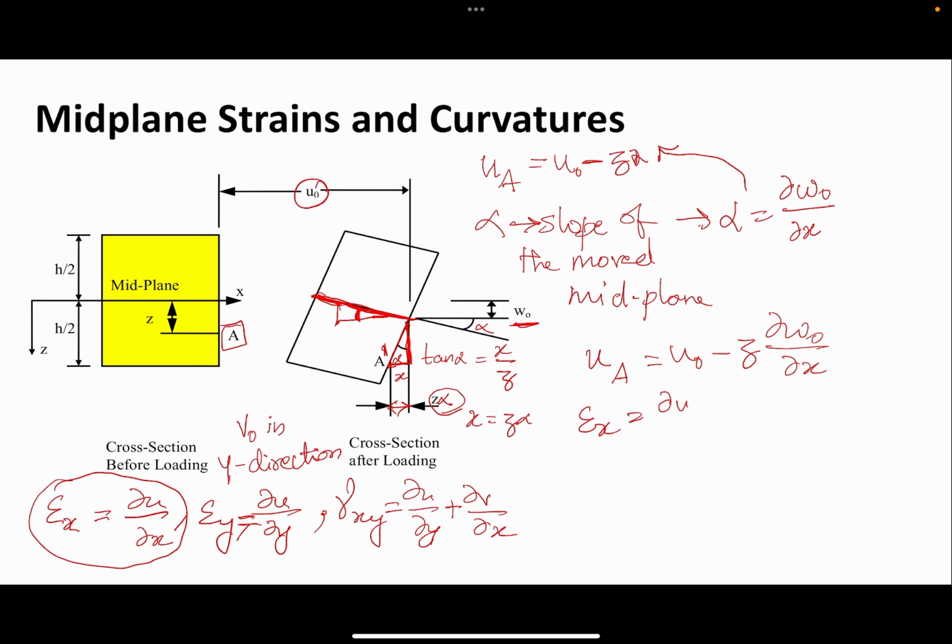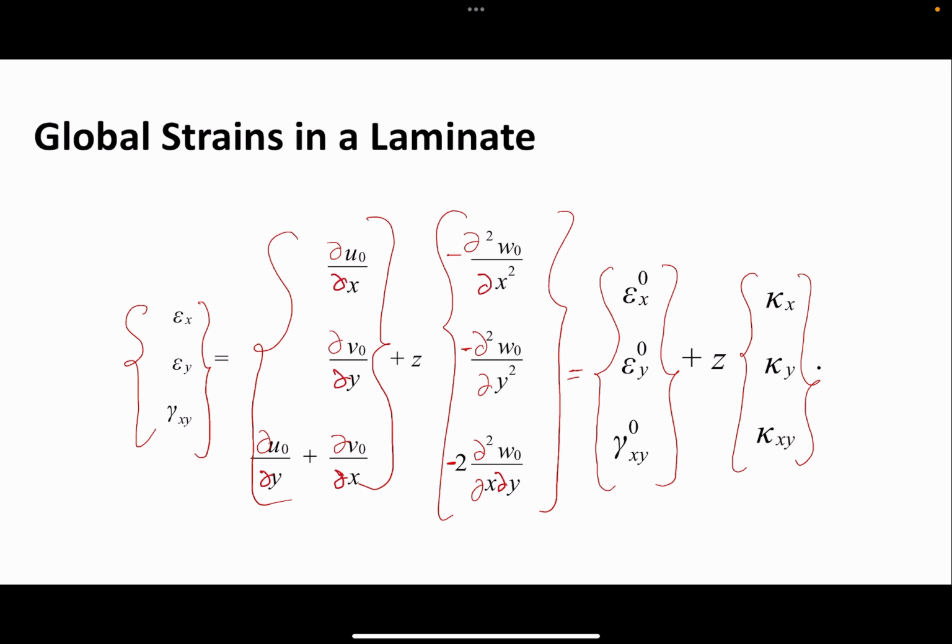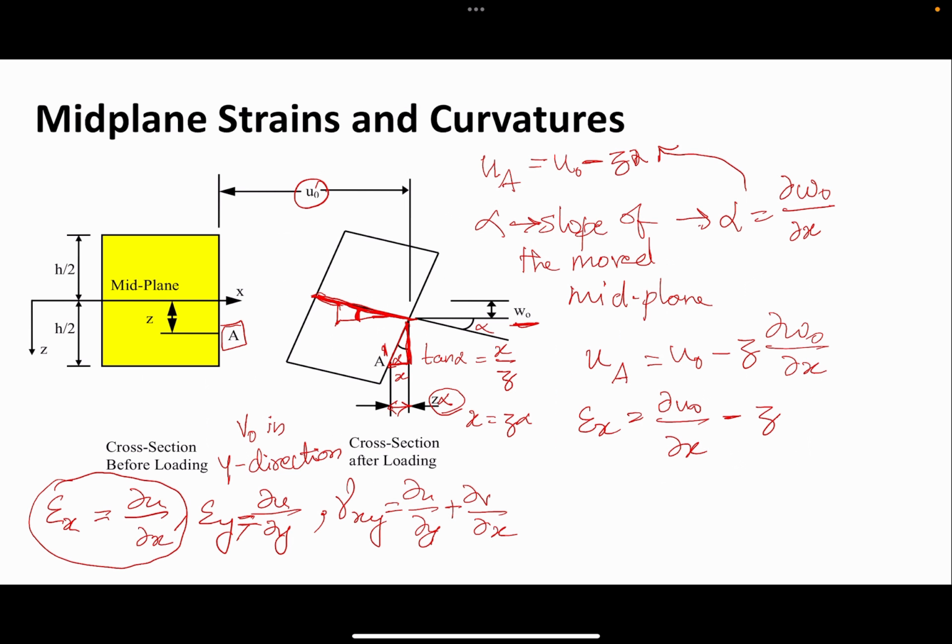So if you simplify, you get dou u naught by dou x minus z, which is a constant value, a distance, so you're not going to differentiate z, into dou square w naught by dou x squared. So this is a double differential. This is your strain in the x direction caused by translation and rotation.